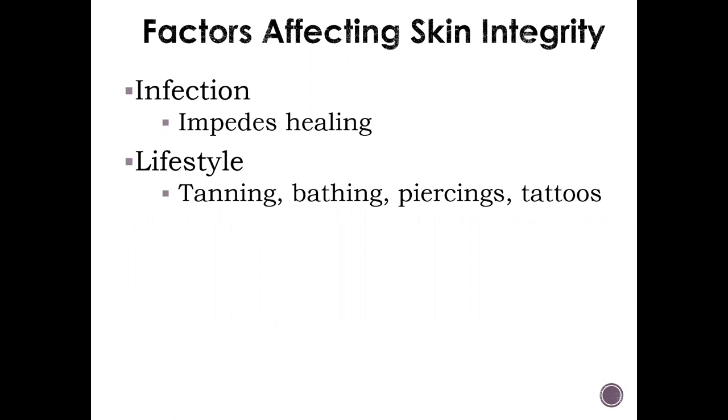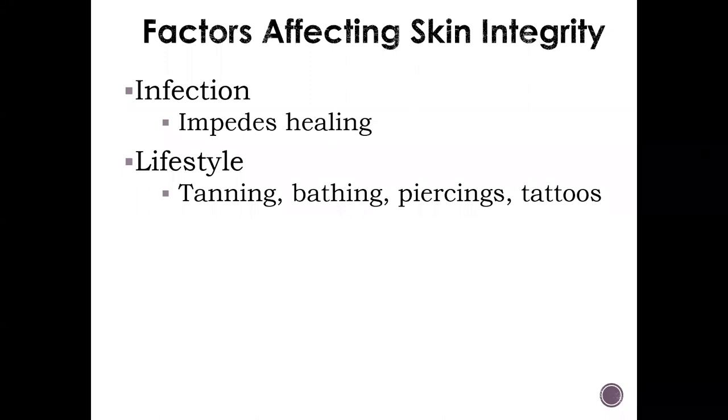So next we have infection. Infection implies microorganisms that are causing harm to the skin by releasing toxins. These are going to be invading your body tissue and increasing the metabolic demand on your tissue. And then our lifestyle choices. Tanning exposes the skin to increased ultraviolet rays, which increases your risk for cancer.